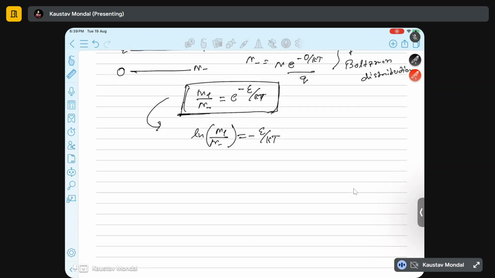So now from here, epsilon by kT, you can change the numerator and denominator inside the log, which gives you the minus term, and minus minus will become plus. This gives me this, and from here you can write T simply as epsilon by k, and in the denominator it will be the log of n minus by n plus.